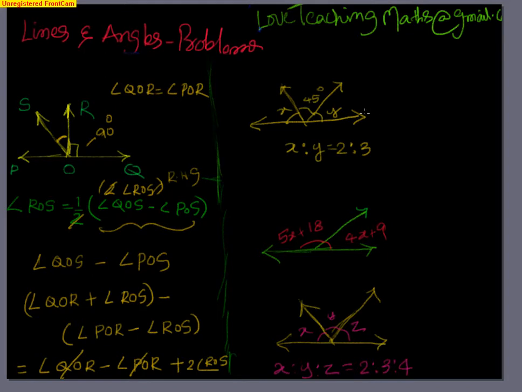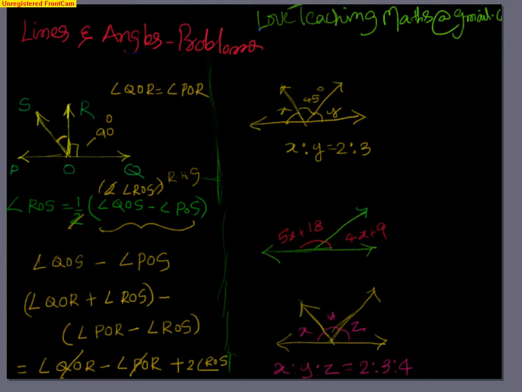See here, there is another simple example. These examples are just trying to apply whatever points we have learned regarding opposite vertical angles, linear pair of angles, angles in a straight line, complementary angles, supplementary angles, etc. Now let's see here again.